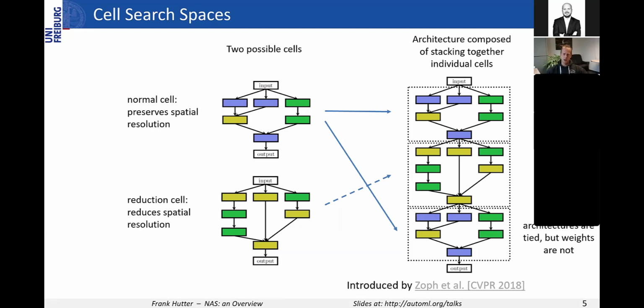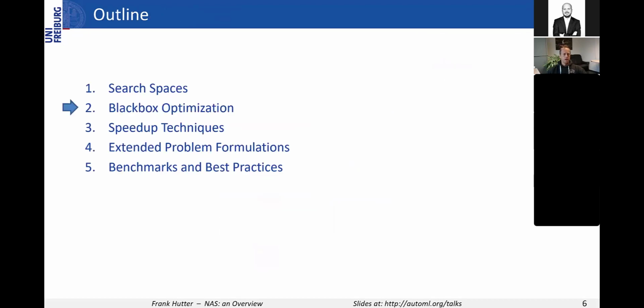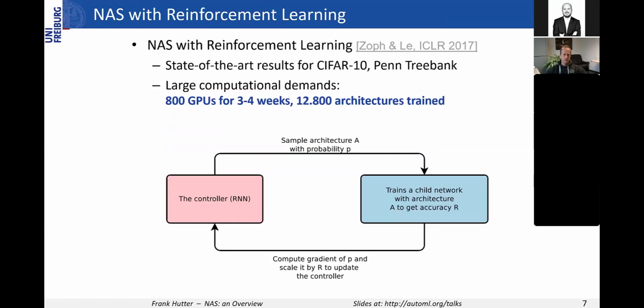So it's just the architecture that is being repeated, but once this network comes out, it's just trained as normal without any weight sharing. All right, so much for search spaces. There's a lot more on search spaces in our videos on the AI campus, but this suffices for this short tutorial. So let's talk about black box optimization.